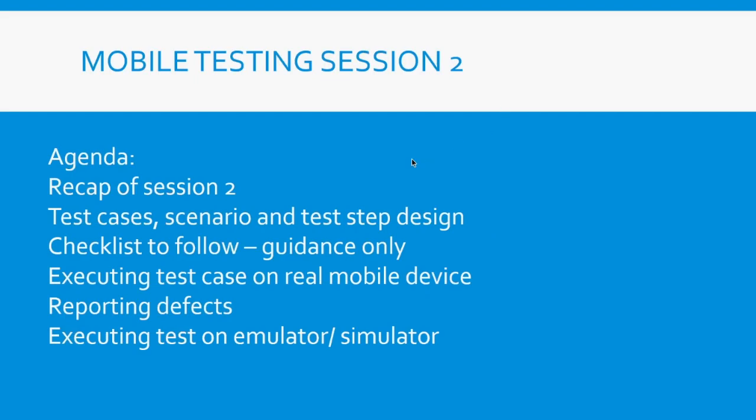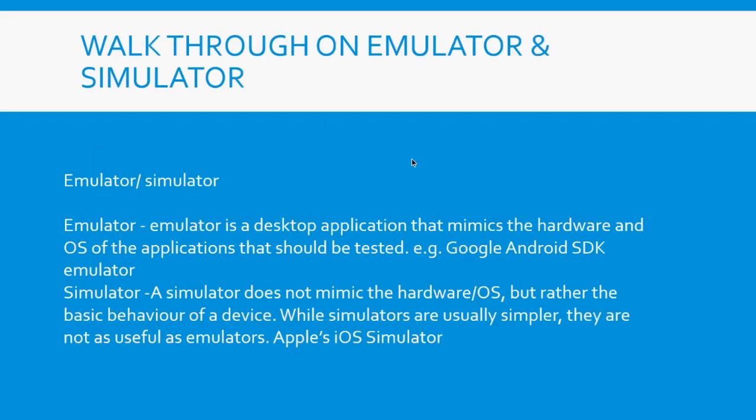Tonight, before we continue, I just want to talk about emulator and simulator, and there are differences between the two of them. An emulator is a desktop application that mimics the hardware and operating system of the applications that should be tested.